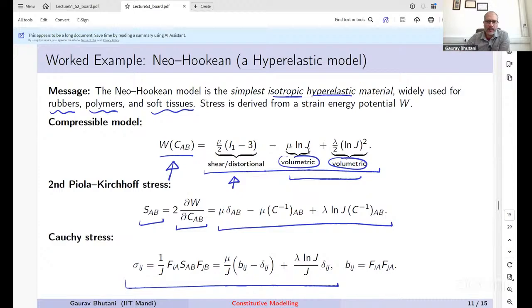So how does that become equal to C inverse, or how do you express the derivative of J or log of J in terms of C inverse? So let me show that for completeness.